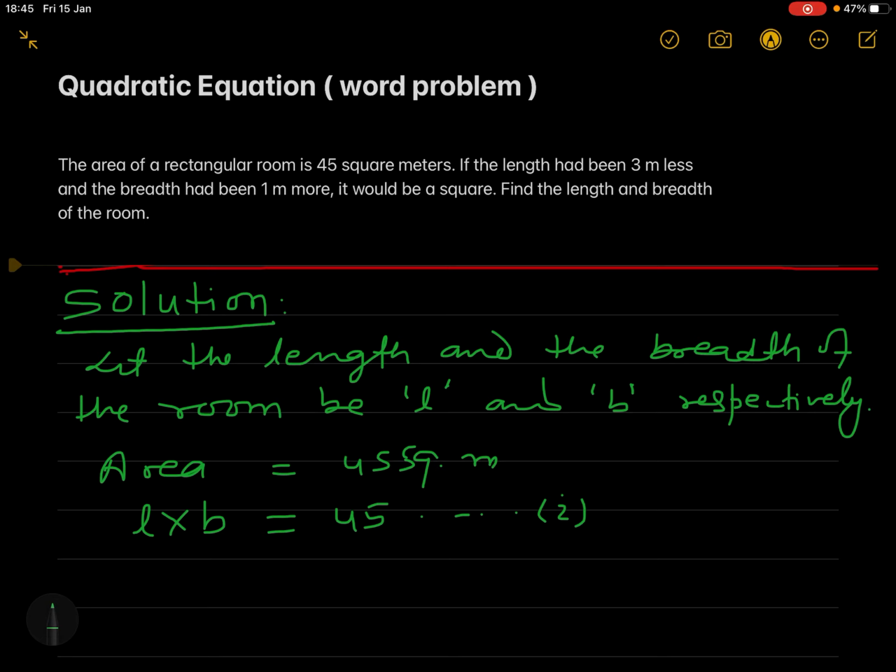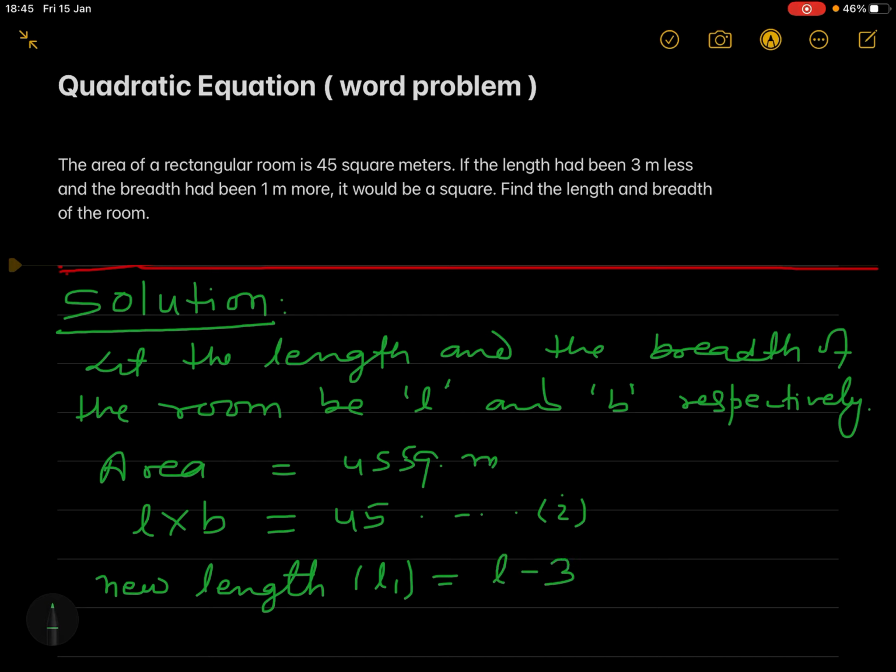Okay. Now the second part of the question is, if the length had been 3 meter less and the breadth had been 1 meter more. So we can write the new length as L1 is equal to, if length had been 3 meter less, initially it was L and now 3 meter less, so L minus 3.